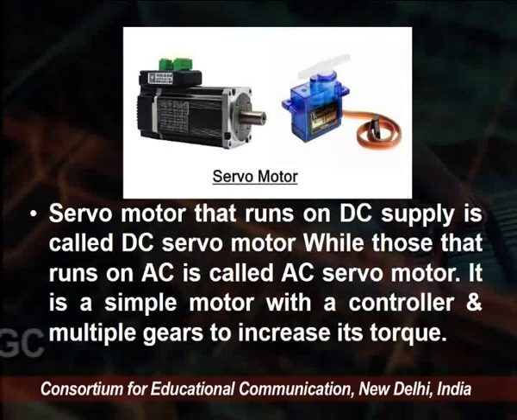It is a simple motor with a controller and multiple gears to increase its torque. This type of motor is rated in kilogram per centimeter, and it specifies how much weight the servo can lift at a specific distance. For example, a servo rated 3 kg per centimeter can lift a load of 3 kg that is 1 centimeter away from its shaft.